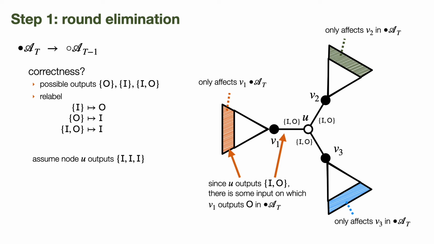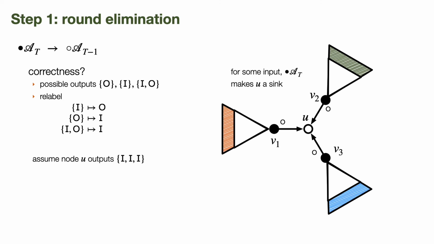And you can make this argument for all of the black neighbors of U. So this implies that there is some input under which node U in the original algorithm A_T actually becomes a sink. But this is impossible because we assume that A_T is a correct algorithm for Sinkless orientation.